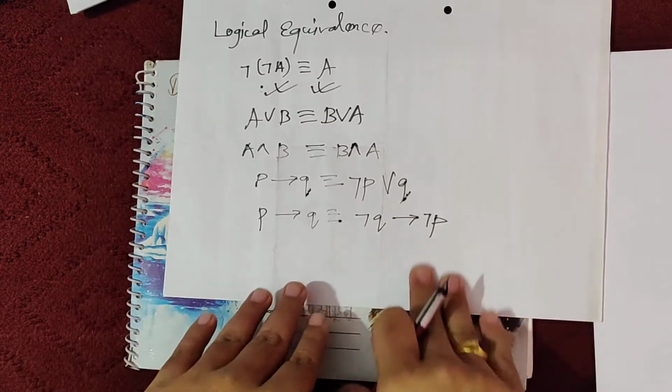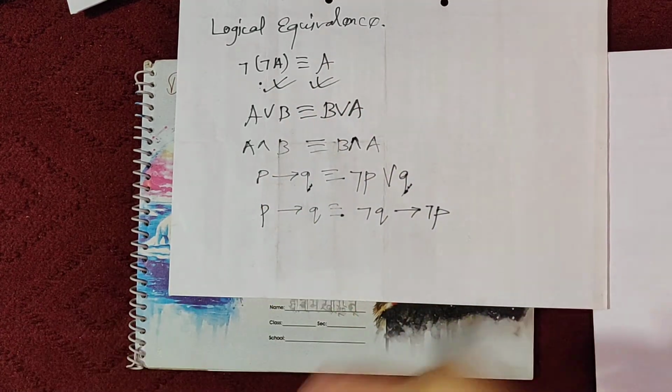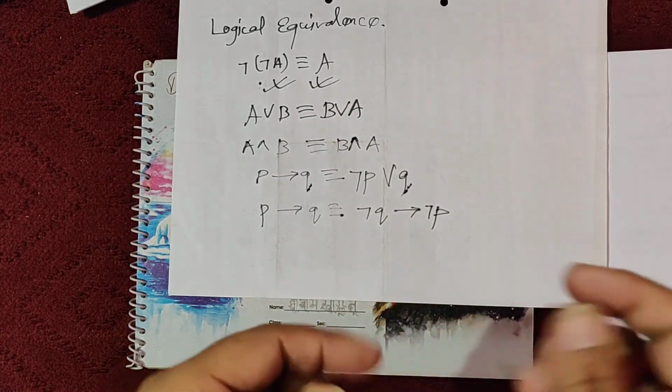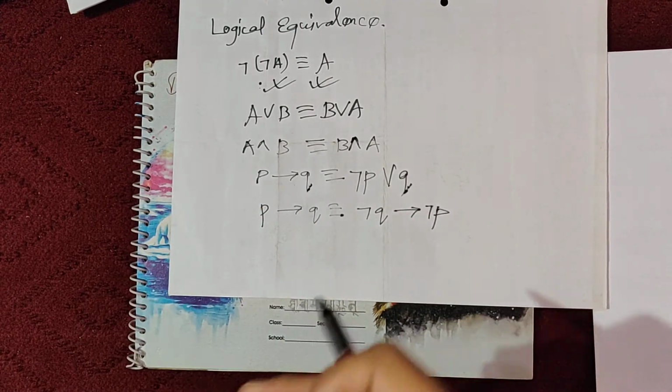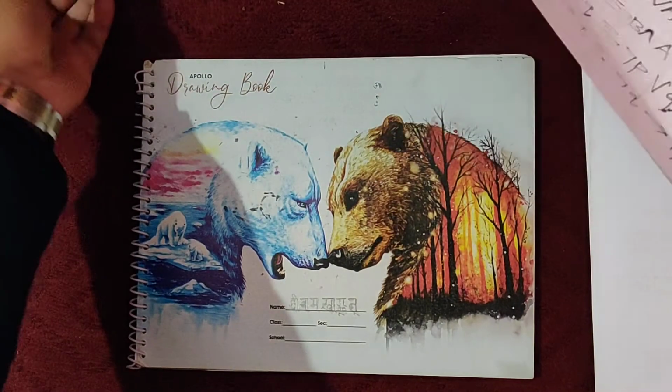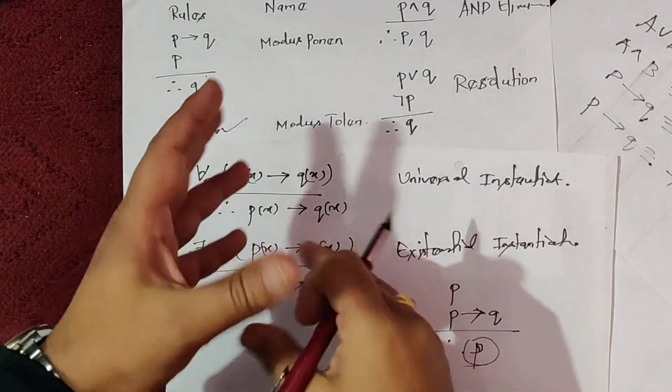If you construct the truth table of this and this, the truth value, that means the output, is the same for the same combination of variables.